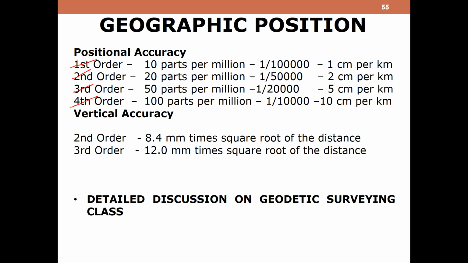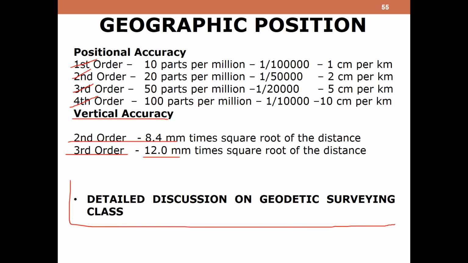For vertical accuracy, which is for the heights in PRS 92, second order is 8 millimeters times the square root of the distance of separation. Third order is 12 millimeters times the square root of the distance between the two. But we are not going to detail more about this because it will be discussed in your geodetic surveying class.